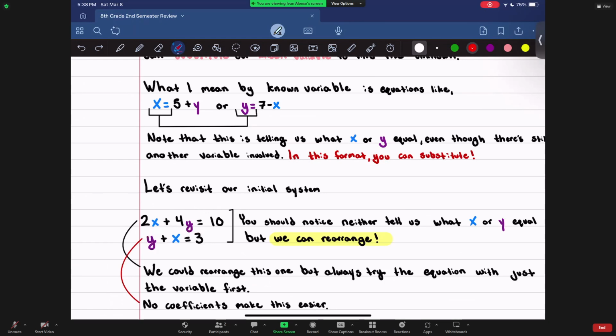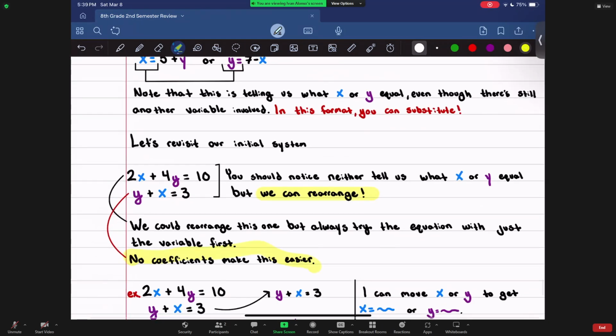Now, if you take a look at our first system right here, ideally, you're not going to rearrange one that has coefficients in front of the variables, okay? Sometimes you're forced to do stuff like that. There's no other option. But we're going to look at this one specifically, and that's why it's highlighted here in red, because this one has no coefficients, okay? It's just the variables. That means I can easily rearrange this linear equation to tell me what a variable is equal to, right? And I highlight that here. No coefficients makes this a lot easier.